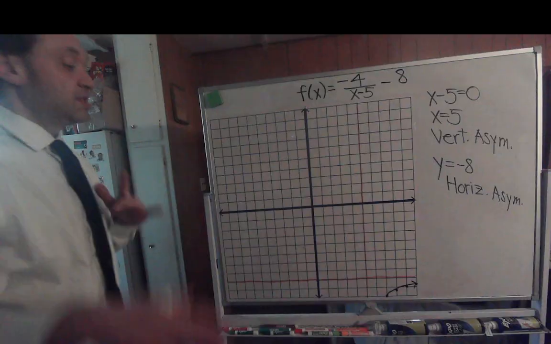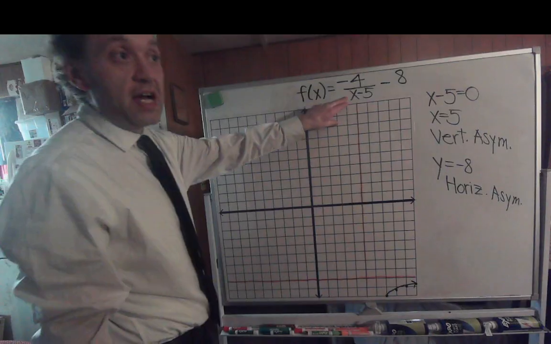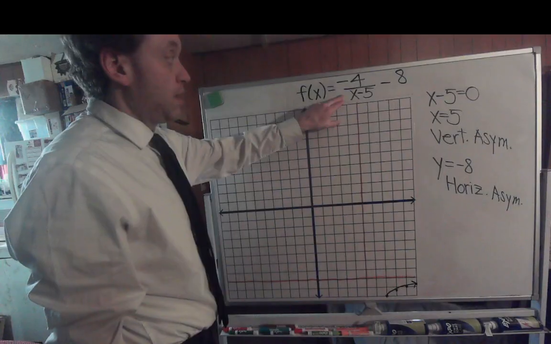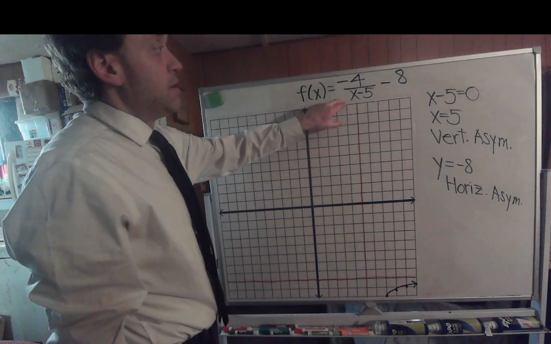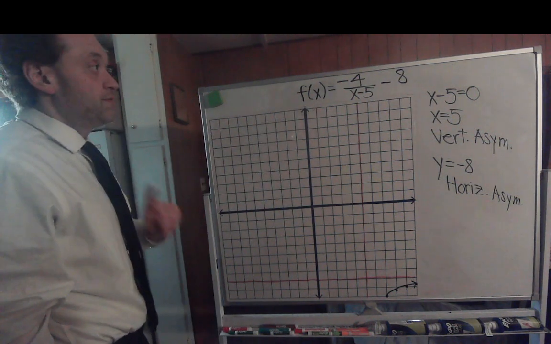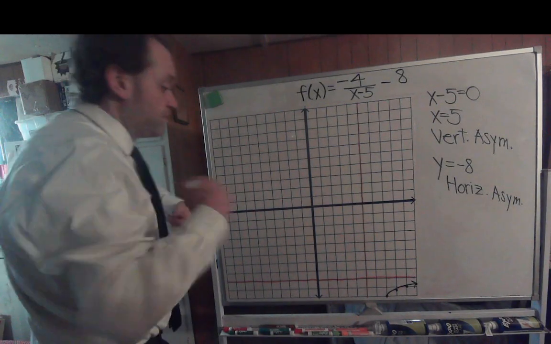It's a little bit hard. Now let's go to the left. What about when x equals 4? 4 minus 5 is negative 1. Negative 4 divided by negative 1 is positive 4. So positive 4 minus 8 is negative 4.